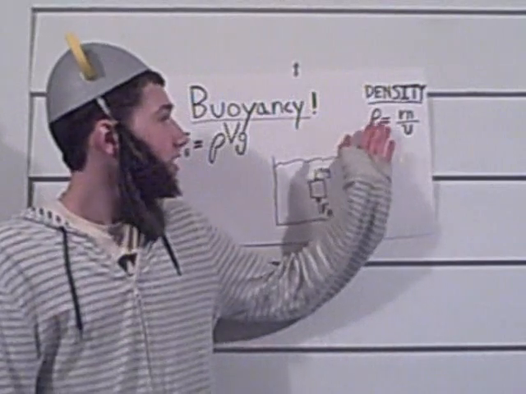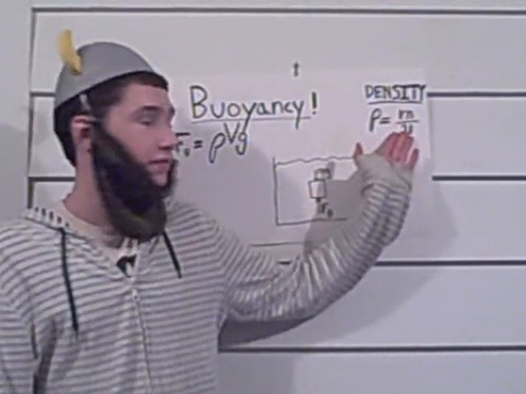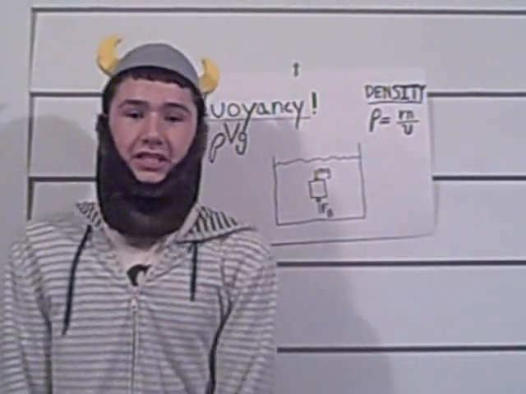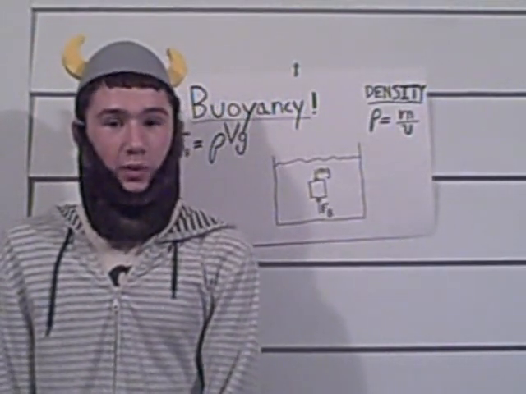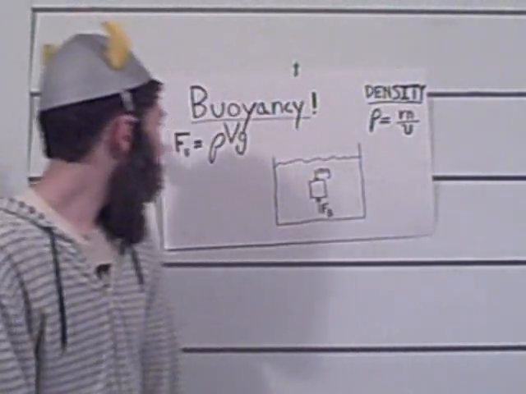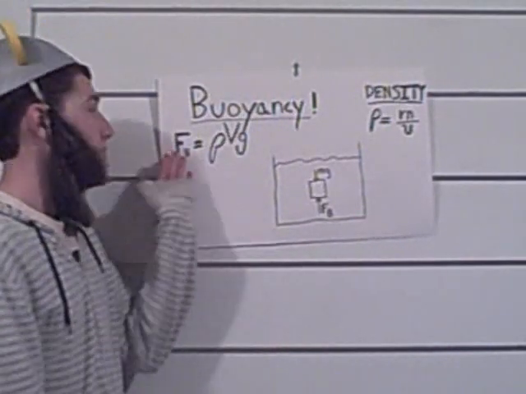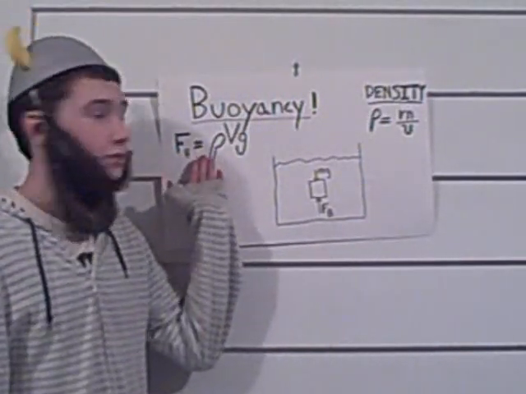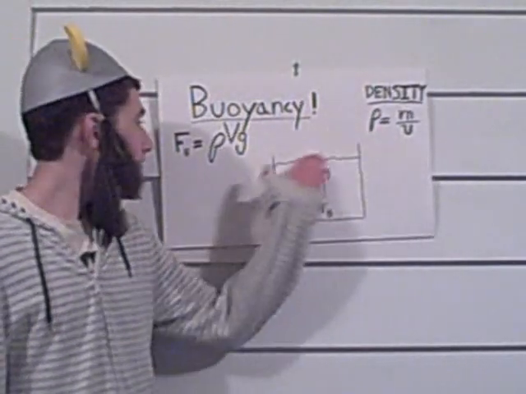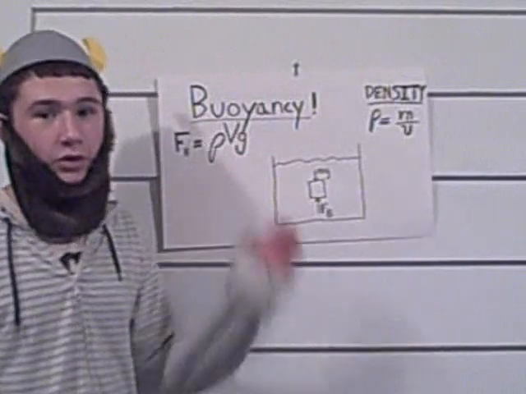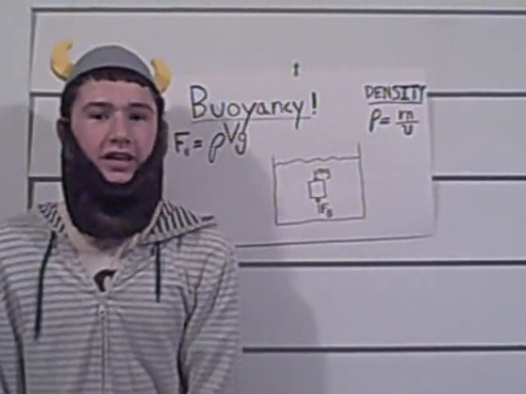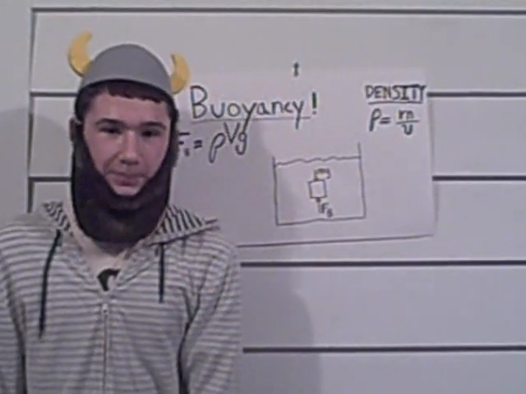Density is defined as the object's mass divided by its volume, which can explain why objects do not float solely on their weight or size. The formula for buoyancy is buoyant force equals rho, the density, times the volume of the object, times gravity, which we all know is roughly 10 meters per second squared.